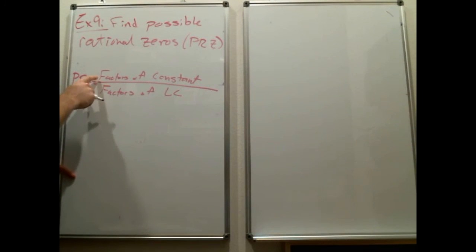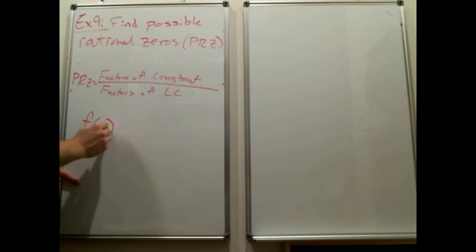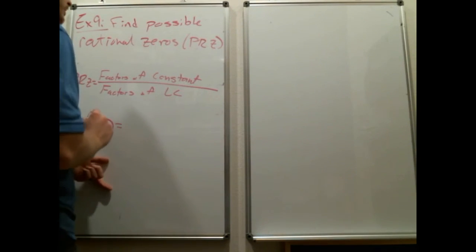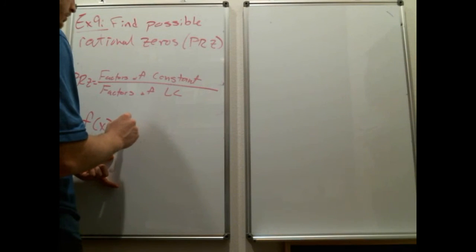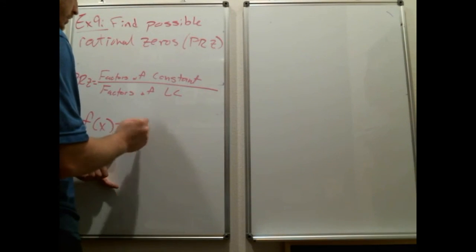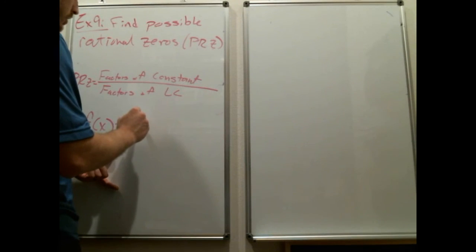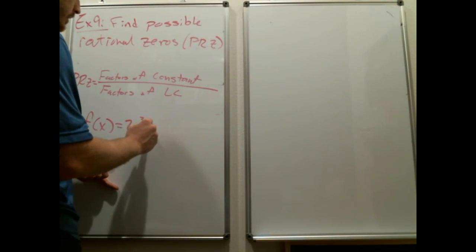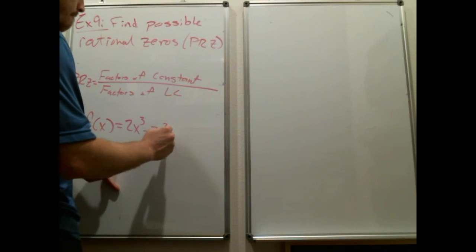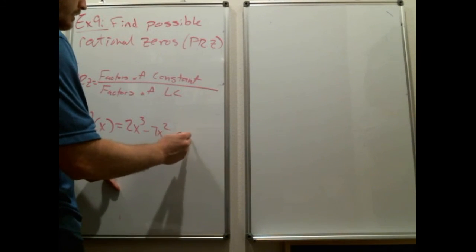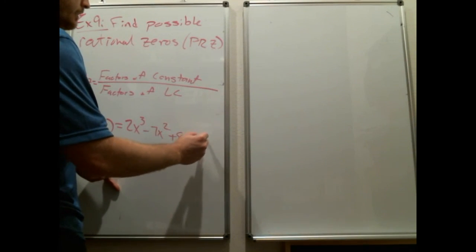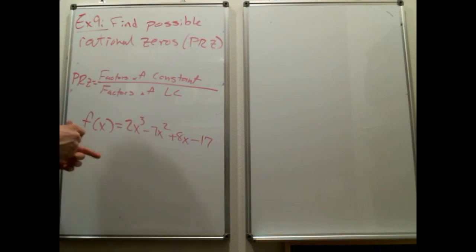This won't be given to you on the exam, you'll have to know that. Let's just say our function is this. Let's do something somewhat simple, short: 2x cubed minus 7x squared plus 8x minus 17. Alright?